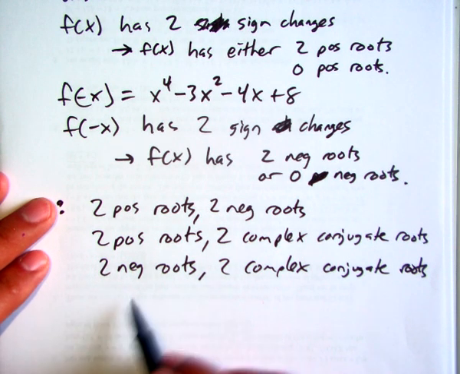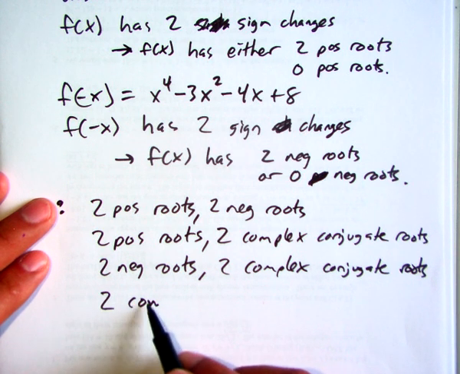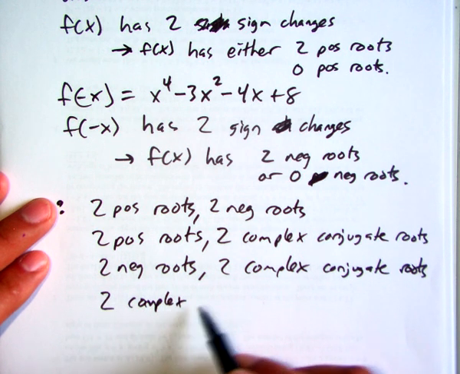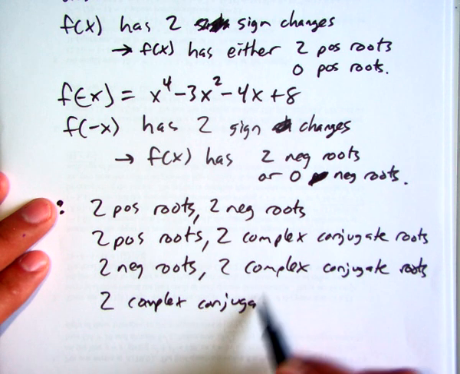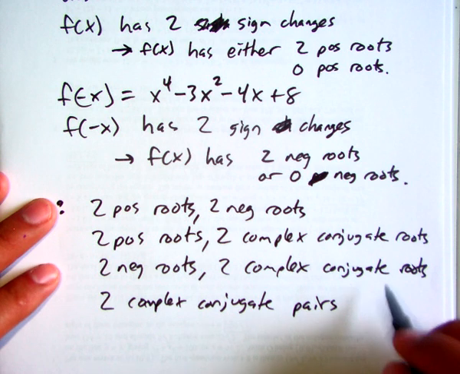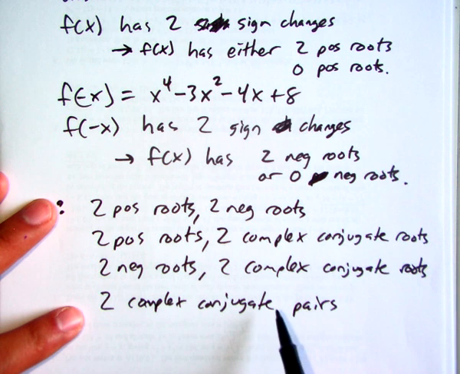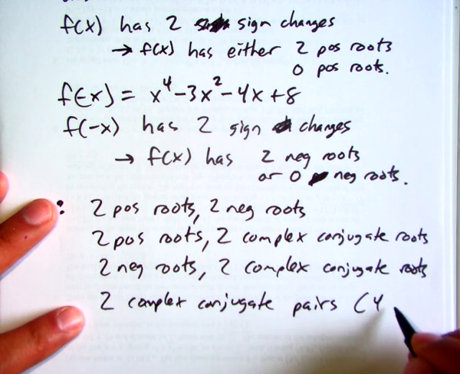So what I would say then is that there are 2 complex conjugate pairs for a total of 4. So we have a plus bi, a minus bi, and then another pair, 4 roots total here.